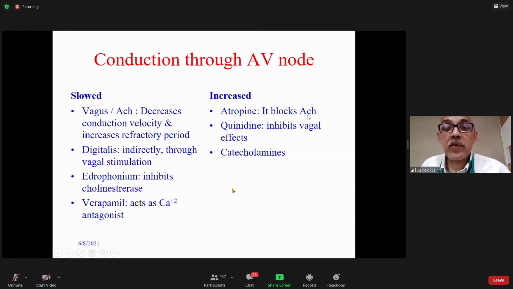Digitalis indirectly will reduce conduction. Edrophonium will inhibit cholinesterase and will slow the conduction. Verapamil is a calcium antagonist and will also slow conduction. Conduction is increased by catecholamines, quinidine, and atropine.